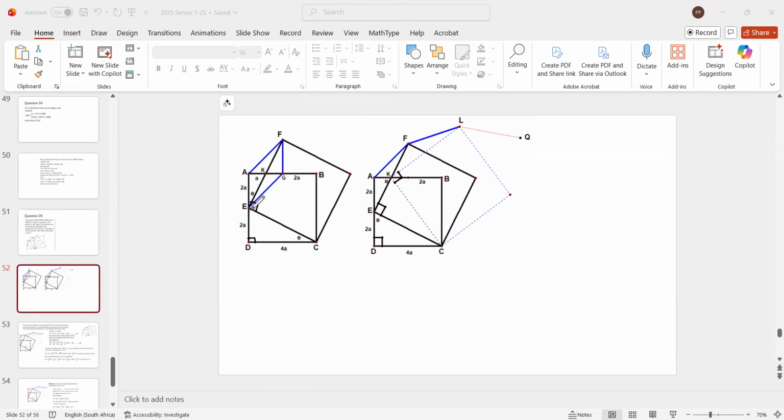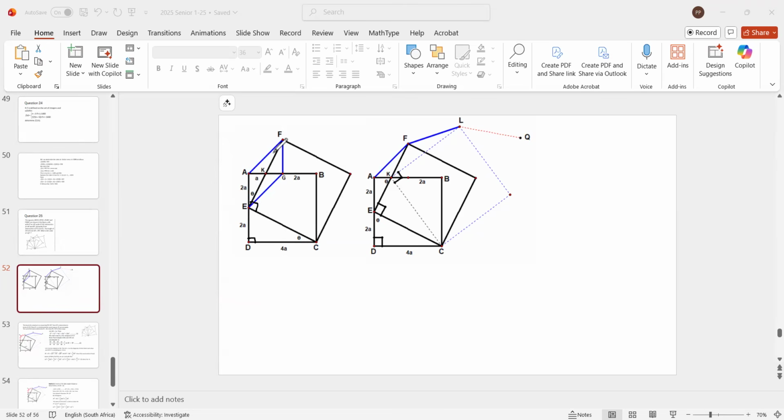You see, E is the midpoint of AD. At the starting point, E is the midpoint of this side here. And then this construction is made. And if I know that K is the midpoint of EF, then I'm doing exactly the same thing that I did on the original one.